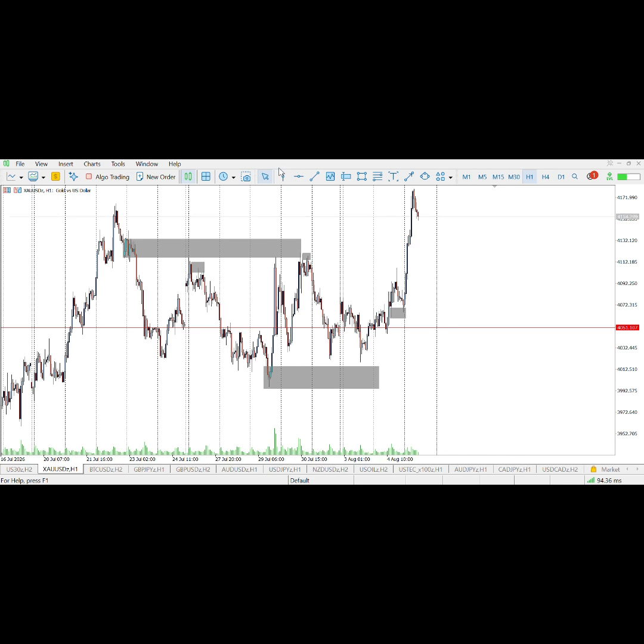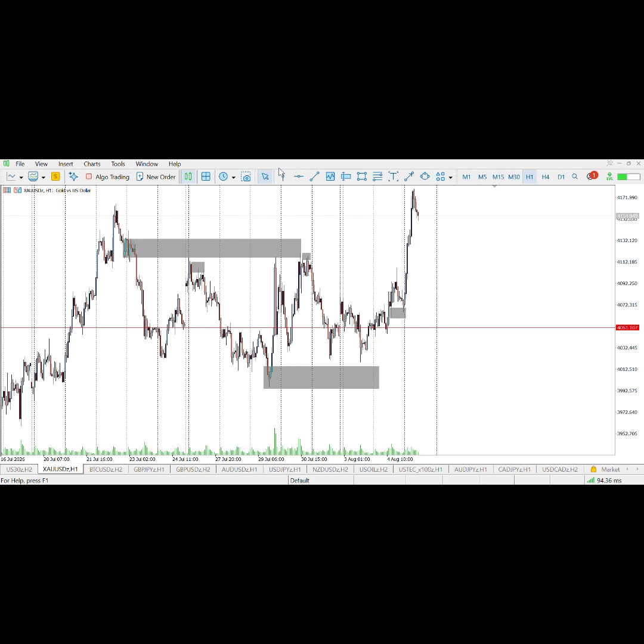Number two, is the zone still fresh? Number three, how much time did the price spend at the level? Four, how did the price leave the level?